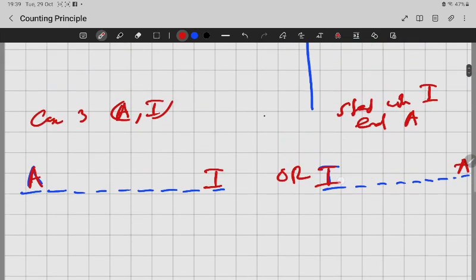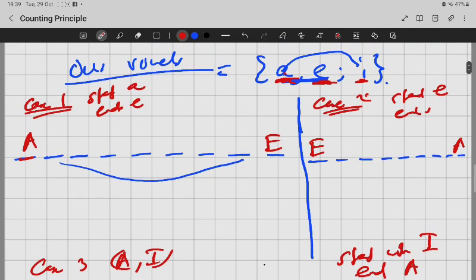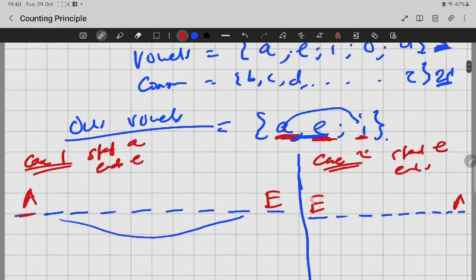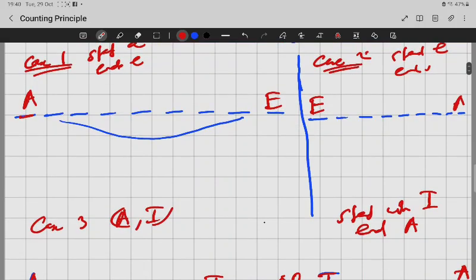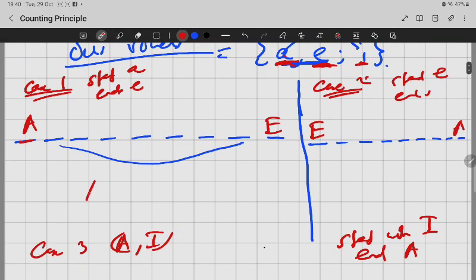Now let's look at the actual probabilities. So if it starts with A and ends with E, for the numerator these two are fixed.